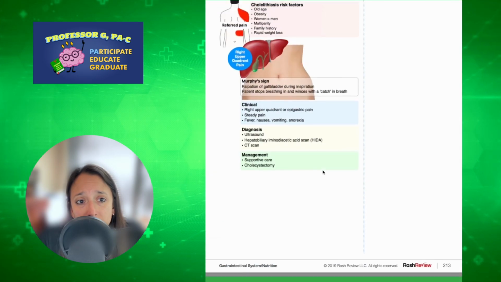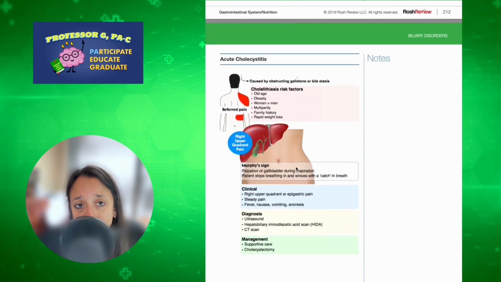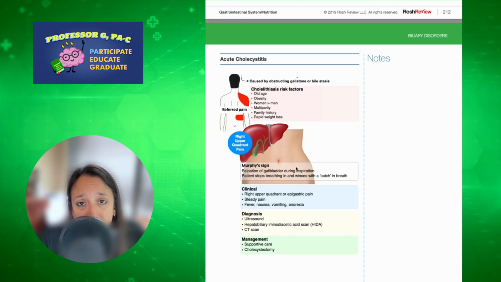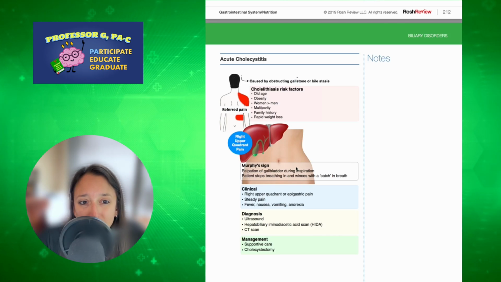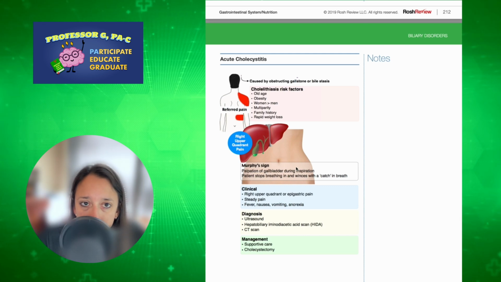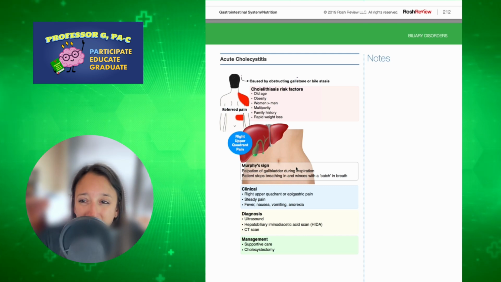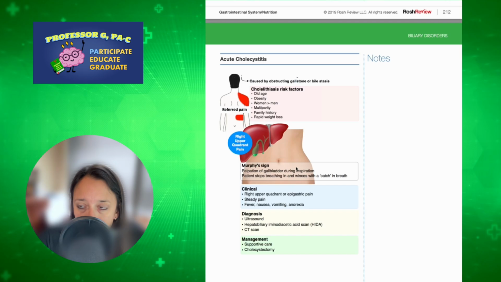There's also something I want to mention here that they're not mentioning, called biliary colic. So sometimes patients that have gallstones, they can intermittently block the gallbladder. And when that happens, especially after the gallbladder has to work really hard after a meal, they will get the same type of pain that they would with acute cholecystitis, usually about 30 minutes or so after they eat, especially a fatty meal.